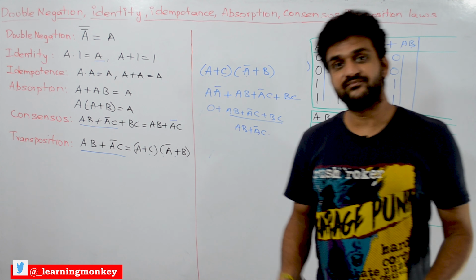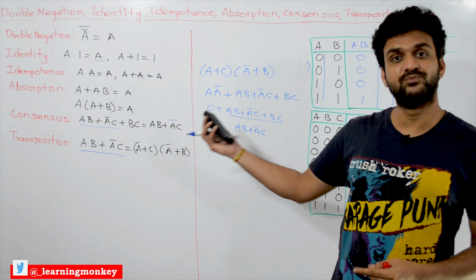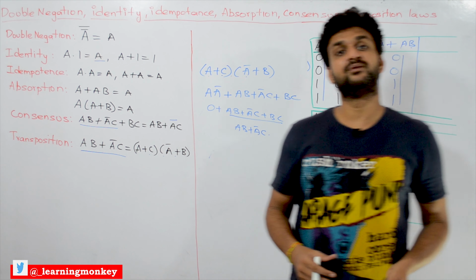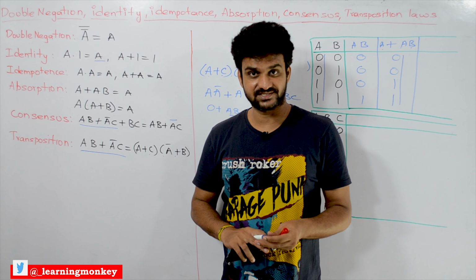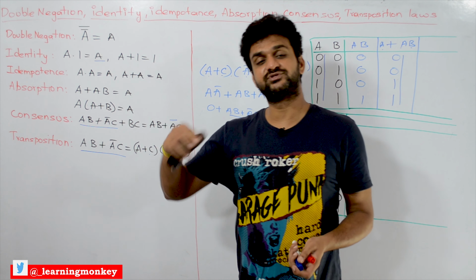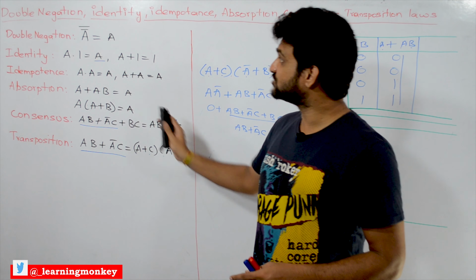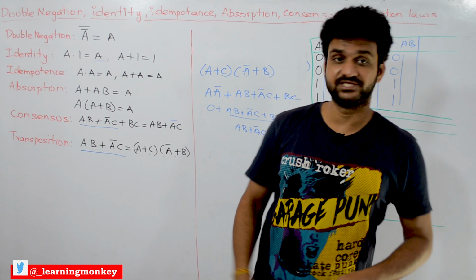In the same way, Boolean laws and theorems are going to be helpful in reducing Boolean algebraic functions. We will understand reduction problems in our later classes. Right now, these are some of the algebraic laws.